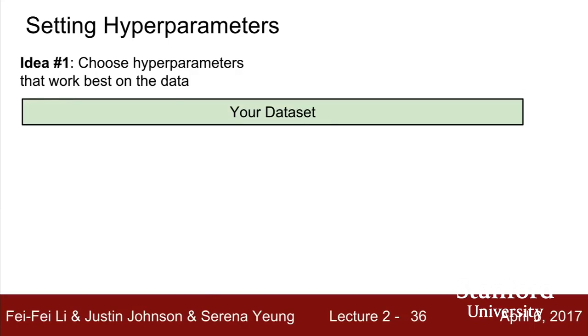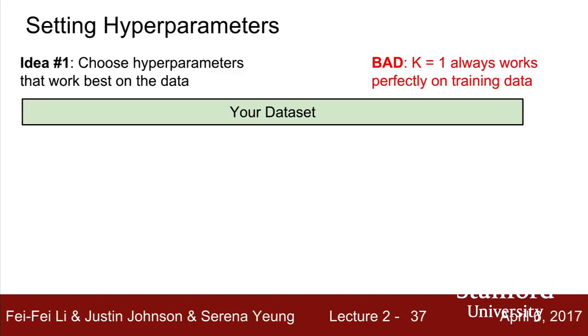So then, even this idea of trying out different values of hyperparameters and seeing what works best, there are many different choices here. What exactly does it mean to try hyperparameters and see what works best? Well, the first idea you might think of is simply choosing the hyperparameters that give you the best accuracy or best performance on your training data. This is actually a really terrible idea. You should never do this. In the concrete case of the nearest neighbor classifier, for example, if we set k equals 1, we will always classify the training data perfectly.